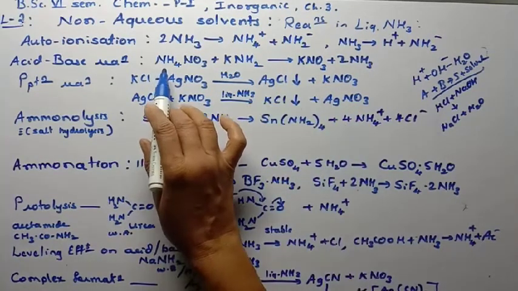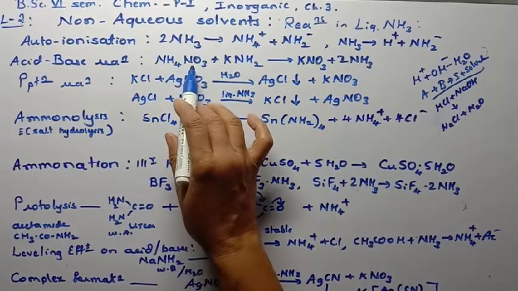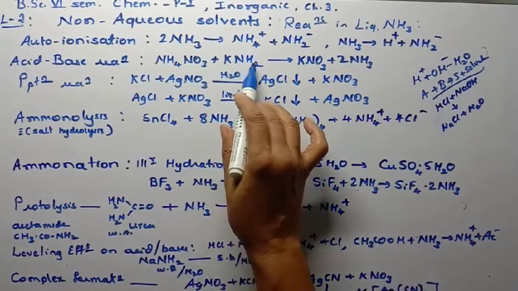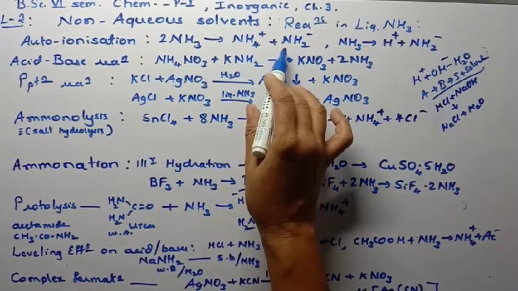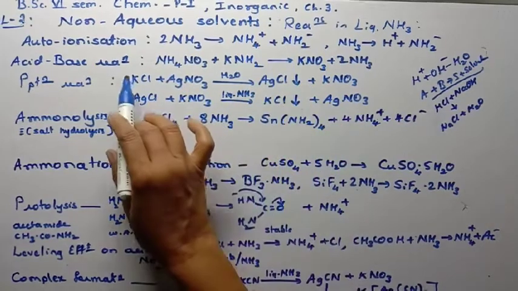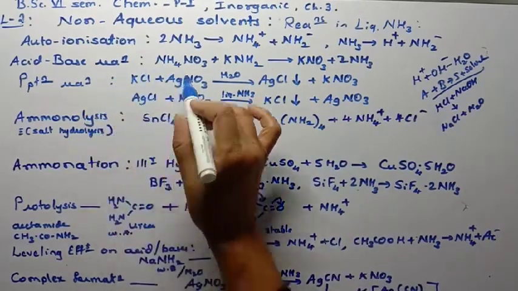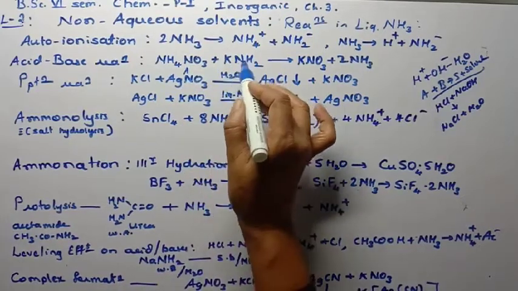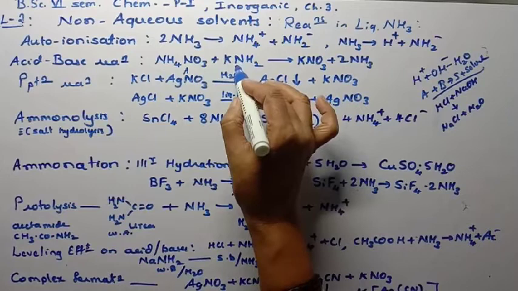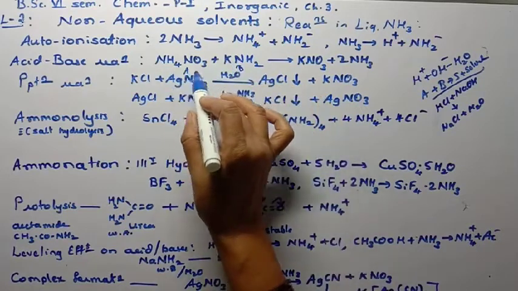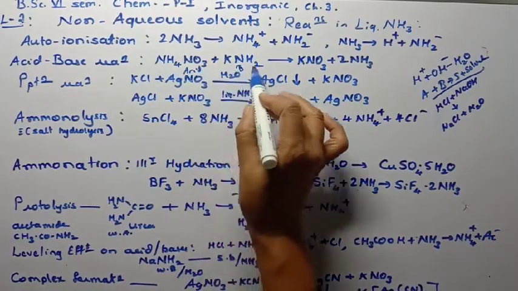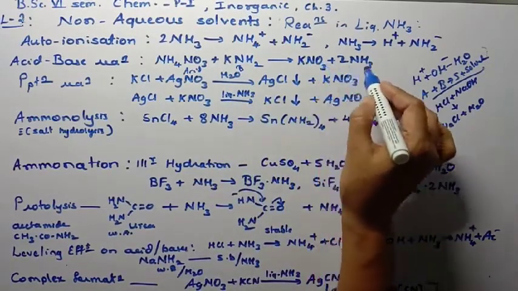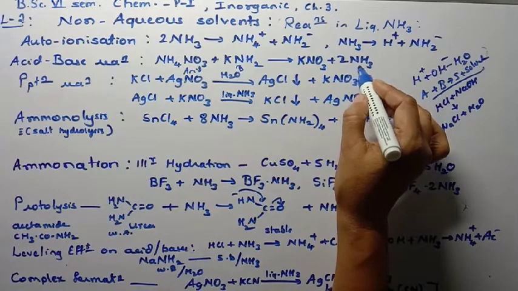So any compound containing NH4 plus ions is considered an amino acid, and any compound which contains NH2 minus ions is said to be an amino base. So in the acid base reaction here, when ammonium nitrate combines with potassium amide, the ammonium nitrate acts as an acid, the potassium amide acts as a base, and here it is a salt, and solvent molecules are released.